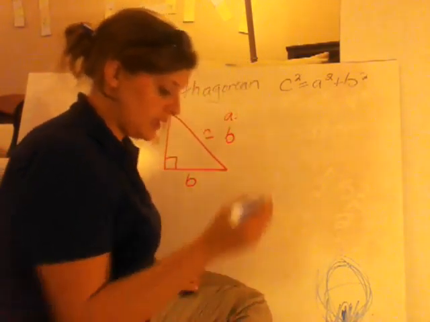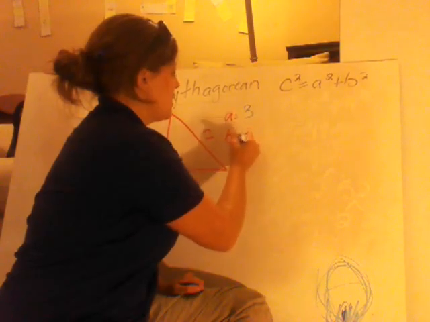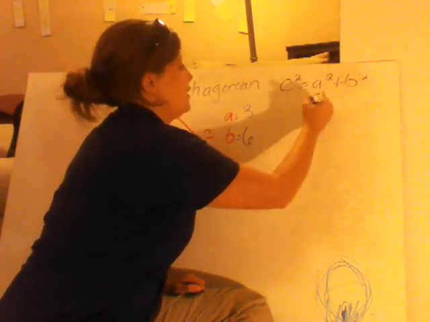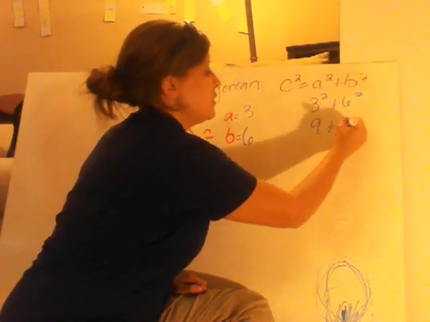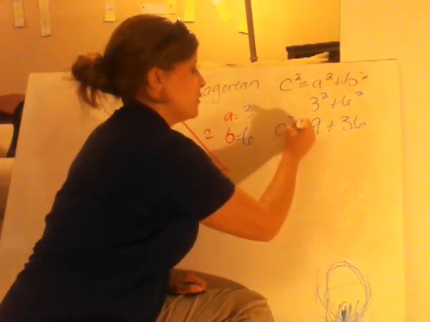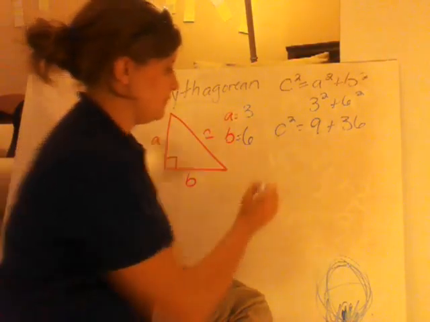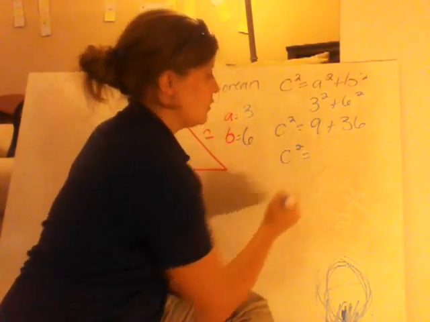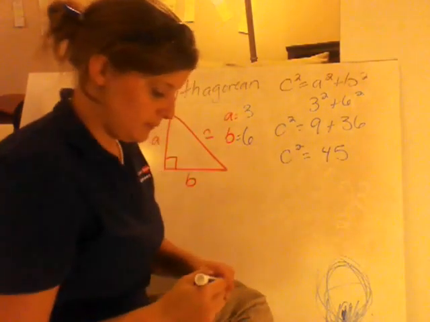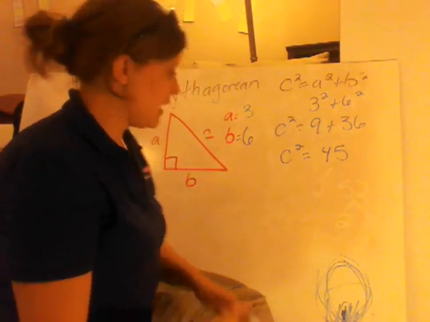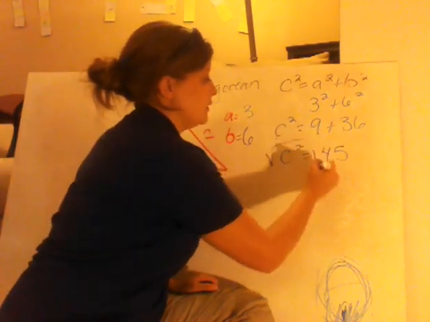Next up is 13. We've got A equals 3, B equals 6. 3 squared plus 6 squared is 9 plus 36. C squared equals 45. Now I'm going to take the square root of both sides.